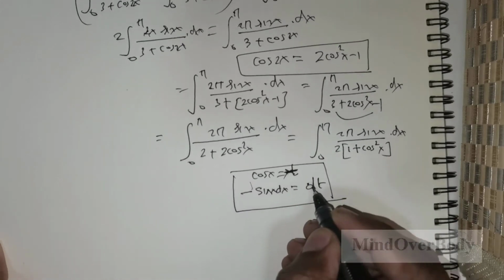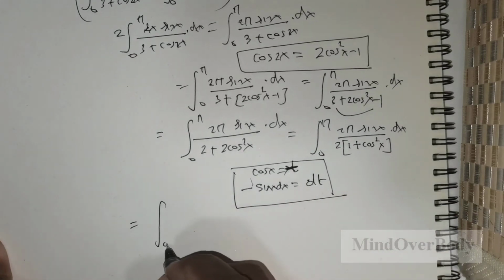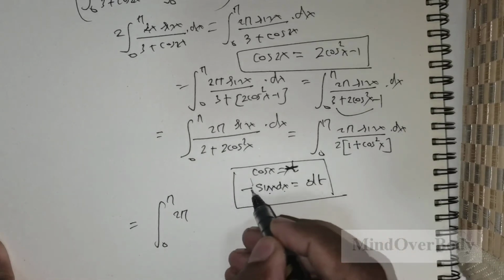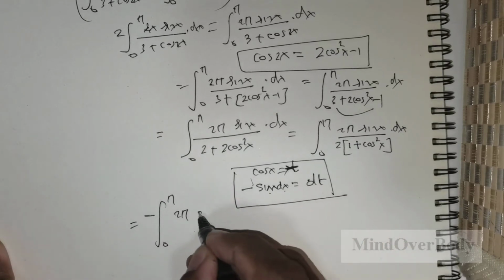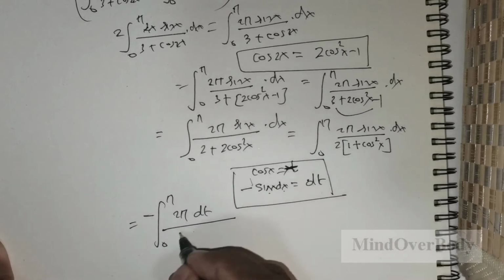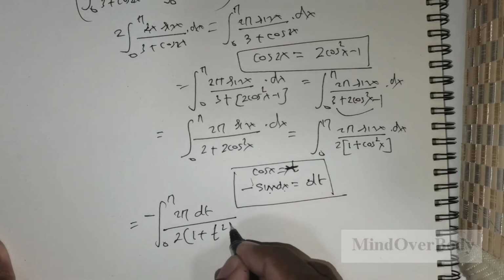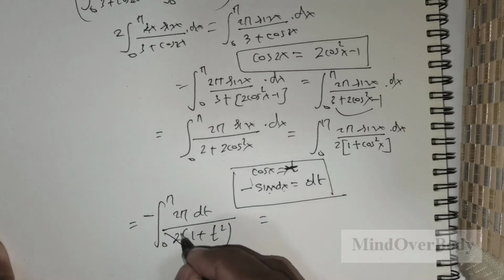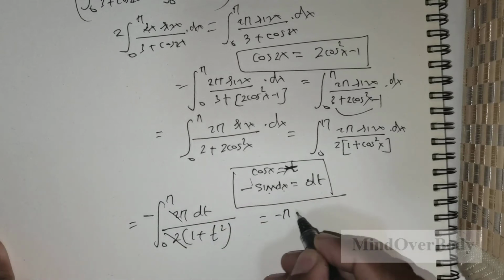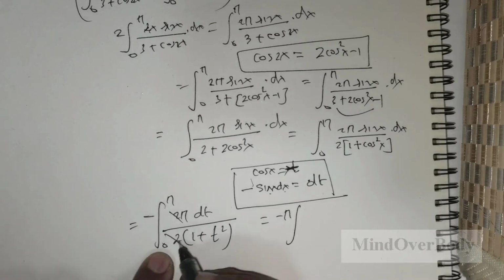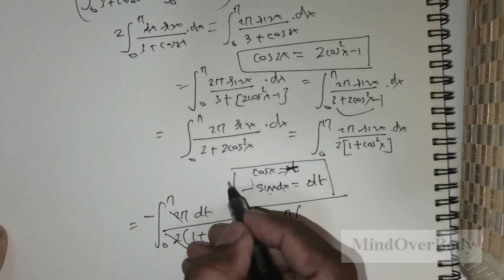So if I were to substitute that, that's going to be negative of dt divided by, I can have a 2 there, times 1 plus, cos x is t, so it's going to be t squared, which is nothing but 2 and 2 can be cancelled, the pi can be taken out with a negative sign. I'm not touching the limits. I will change the limits now.